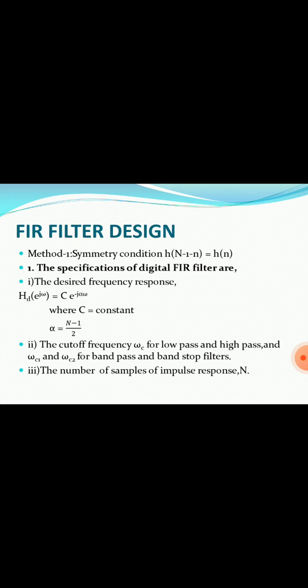Next, the cutoff frequency omega C for low pass and high pass, and omega C1 and omega C2 for band pass and band stop filter. The number of samples of the impulse response will be N.